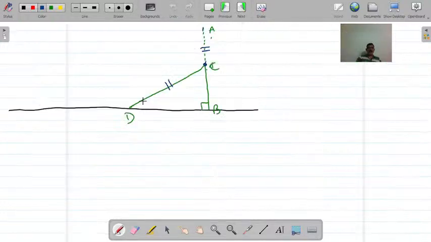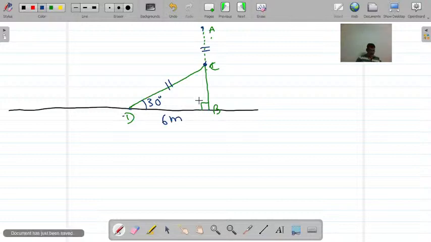So this angle is 30 degrees, and because this has fallen down, this is the top of the tree, touching the ground here, and this is the foot of the tree, and this distance is given as 6 meters. Find the height of the tree before it fell. How do you find the height of the tree? Height of the tree means you have to find this entire thing.